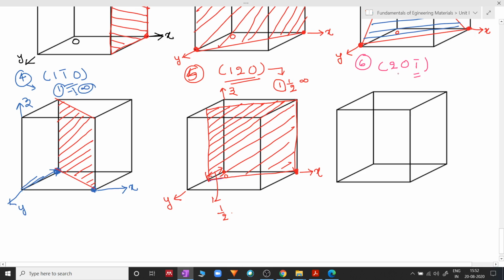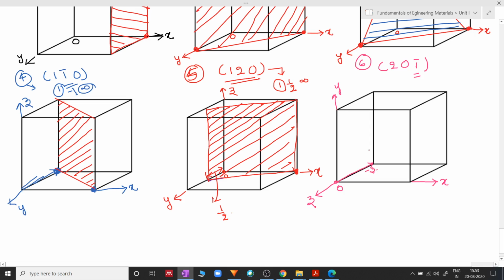Okay, so how can I take this axis on this unit cell? See, I can select the origin here at this point, and I should have positive axis, x axis, and then positive y axis I can take here, and then negative z axis. If I take in this way positive z, it means this is a negative z. This is a negative z.